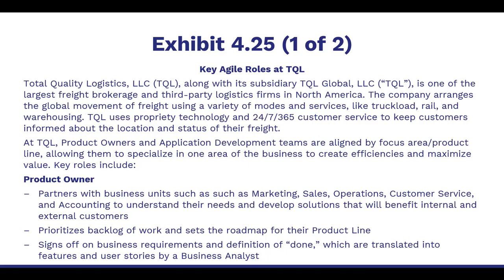Right here are just the key Agile roles. It gives the example of an organization called TQL. Just take a look at this, read this over, take a look at what the product owner does. There are several roles included in some Agile projects. There may also be a designated sponsor, sometimes known as a product manager, who controls the budget.